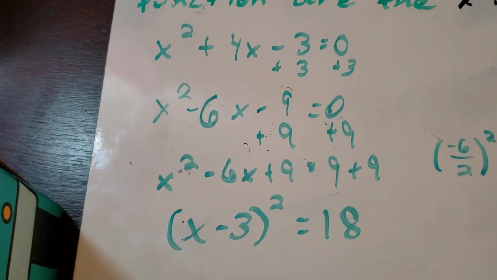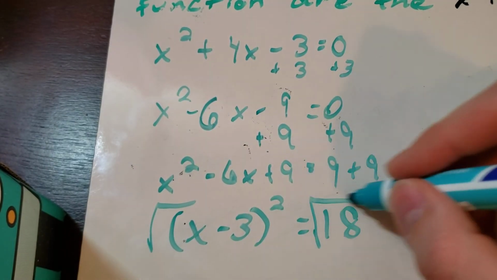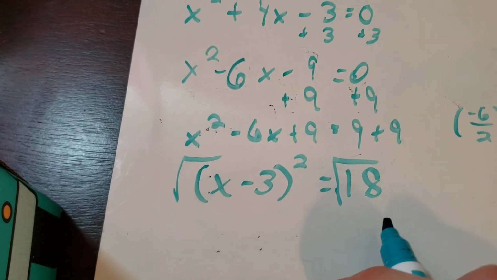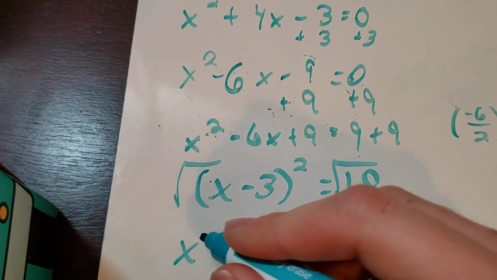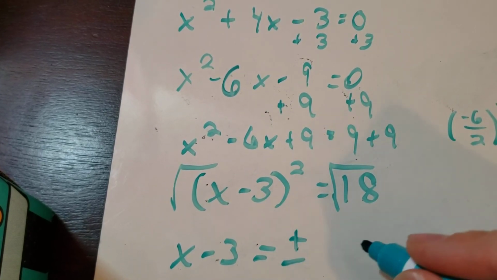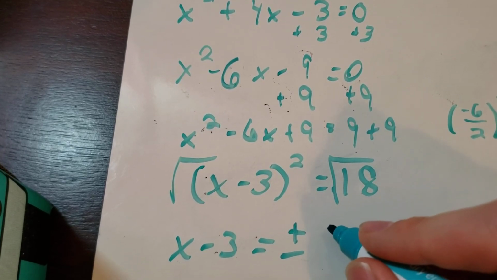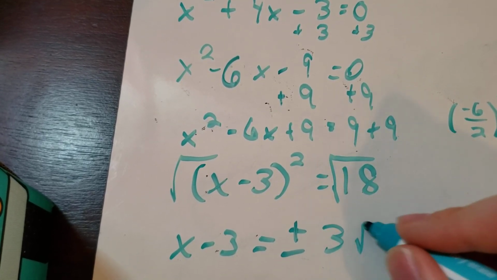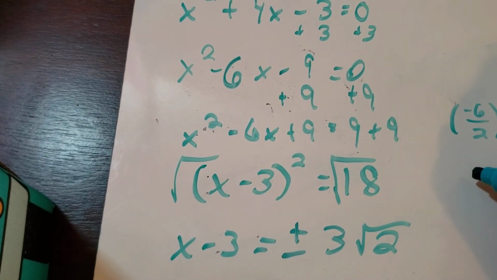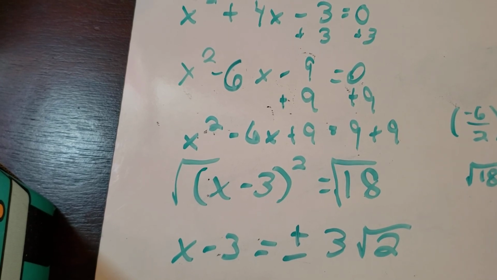Okay, now I take the square root of both sides. This is going to give me x minus 3 equals plus or minus 3 root 2. Right, because square root of 18 equals square root of 9 times 2.